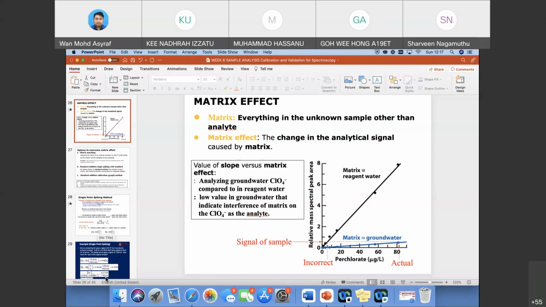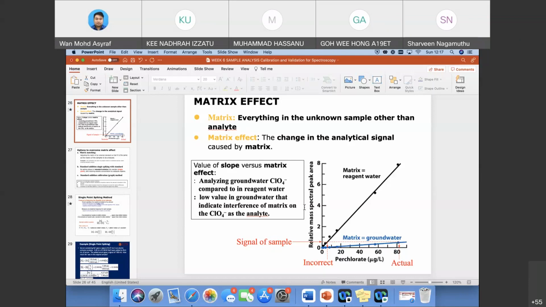Matrix is everything in the unknown sample other than the analyte. The analyte is your interest, and everything other than your analyte is the matrix. So what is the matrix effect? This matrix, which is other than your analyte, will cause a change in the analytical signal.